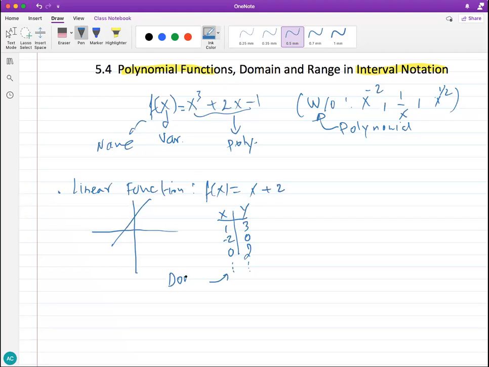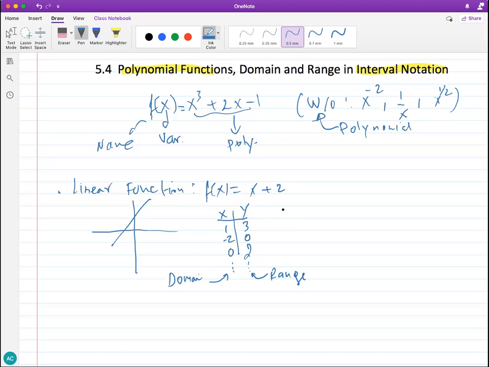This is the domain. And this one here is the range. Usually we pick some convenient integers. We don't want to pick any decimals or fractions because integers are easier to deal with. But practically, you can take any real number.